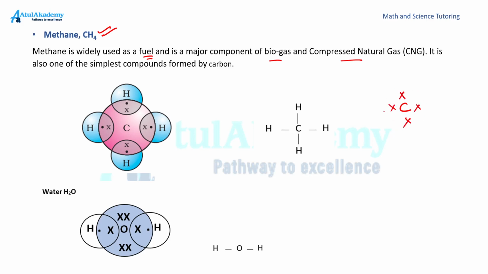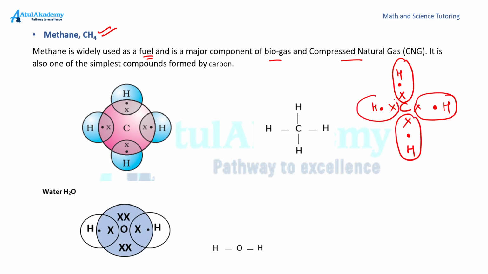These 4 electrons cannot be satisfied by one hydrogen because one hydrogen has only one, so it needs 4 hydrogen atoms to be combined over here. So now this hydrogen will share, this hydrogen will share, this hydrogen will share this, and carbon will share all 4 from all 4 hydrogen. This is the electron dot structure of methane.